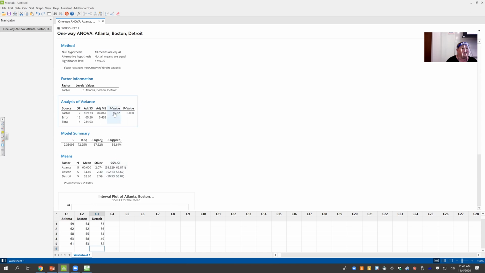All you really need, under the header analysis of variance, is the F value and the P value. So I'm going to write that down on my paper. My F test statistic is 15.62 and my P value is 0.000. So basically it's 0.